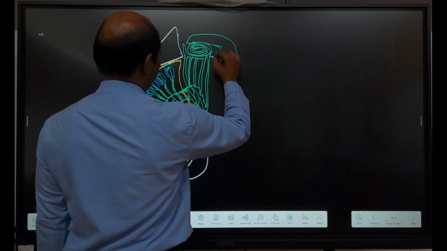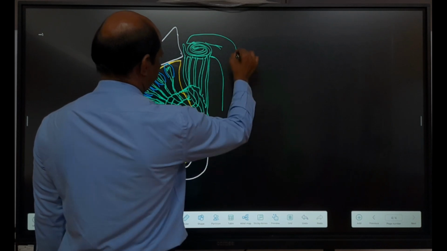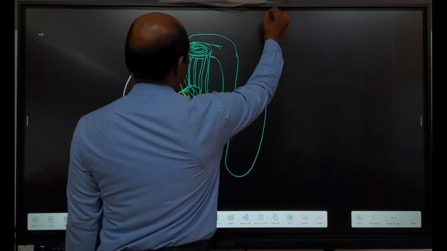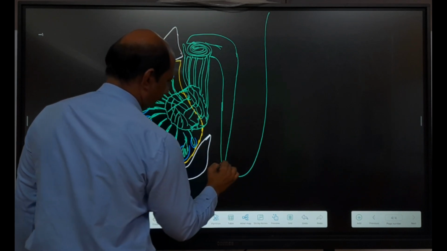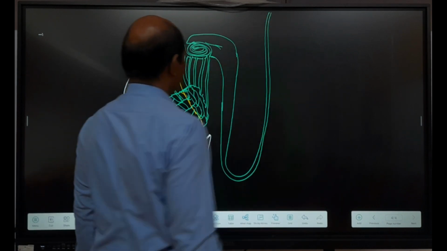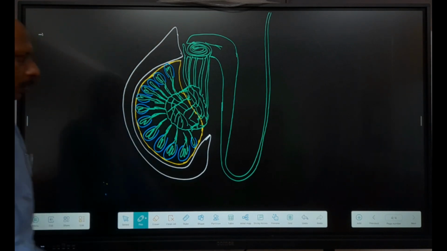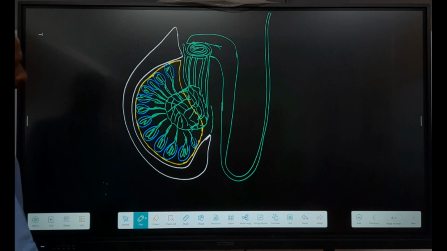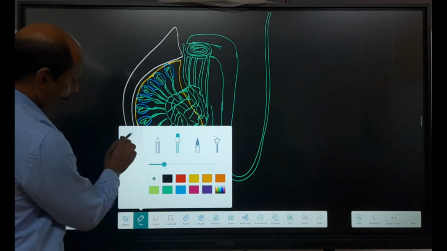I draw it like this. This is the structure. Now you can understand. Now I am going to label this structure.